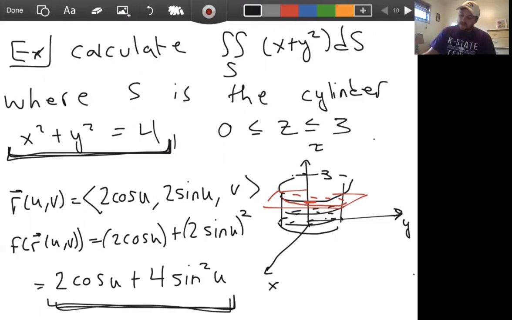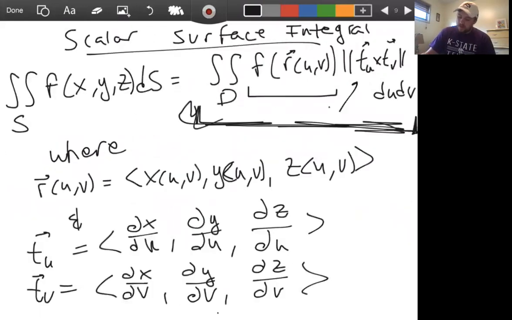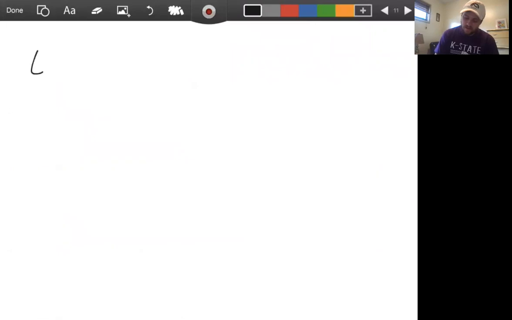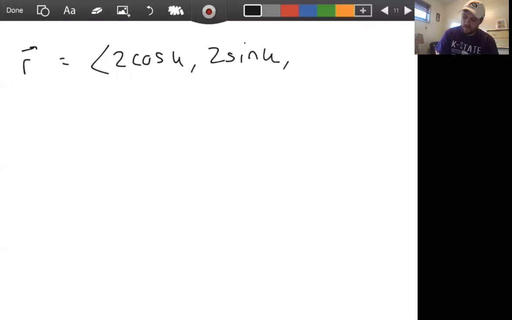What do we need next? We also need t_u and t_v, and then we need their cross product, and then we need the magnitude of the cross product. So t sub u, let me copy what r was again. Remember, r was (2 cosine u, 2 sine u, v). Then t sub u is the partial derivative with respect to u.